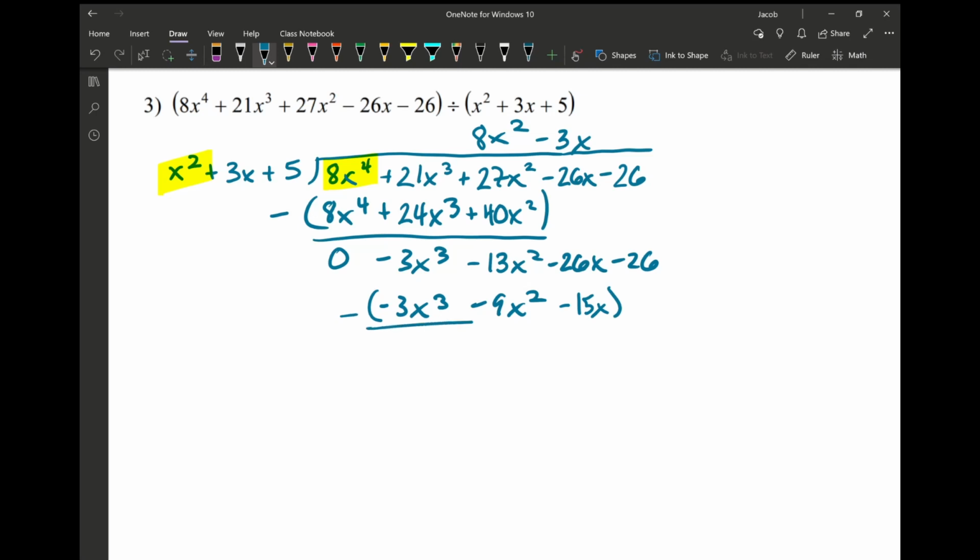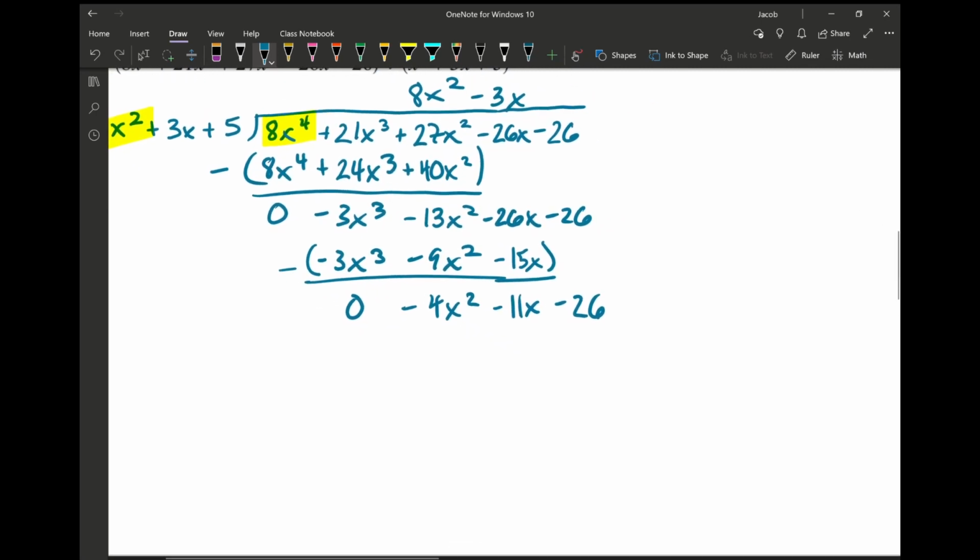Subtract all those. Thank goodness we're getting smaller numbers here, so 0, and then minus 4x squared, then minus 11x, minus 26.